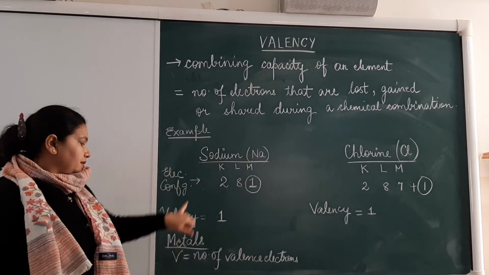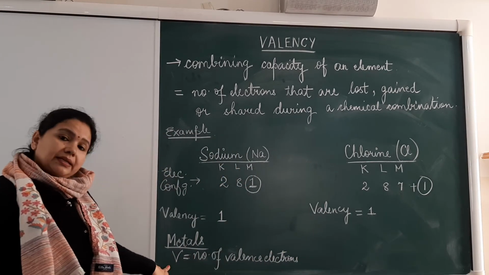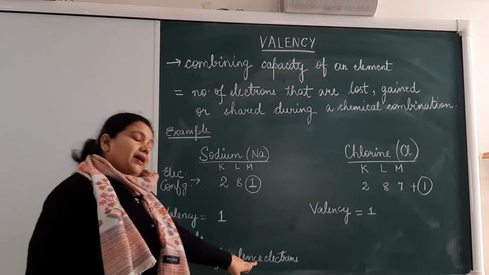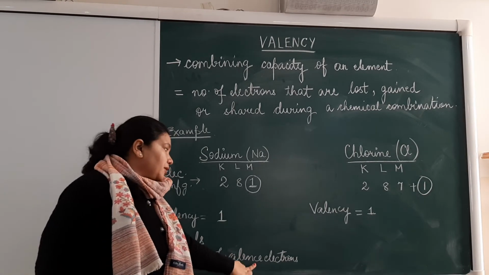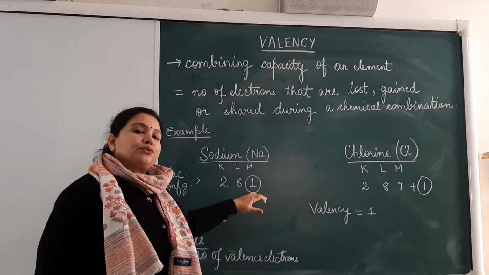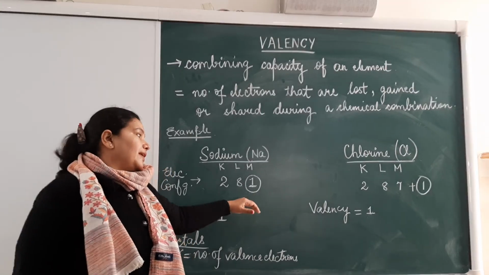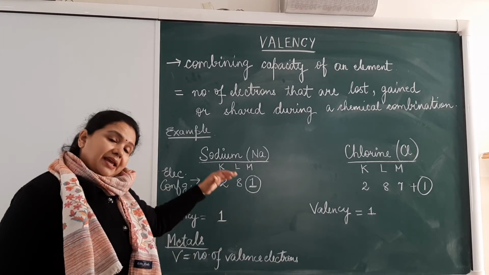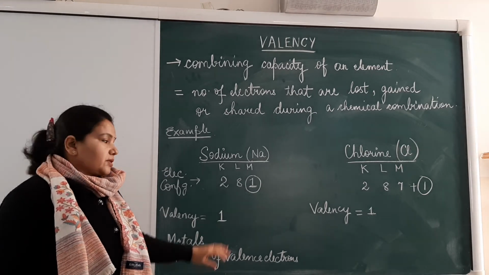So if the number of valence electrons is 1, 2, 3 or 4, the valency will be the same as the number of valence electrons.